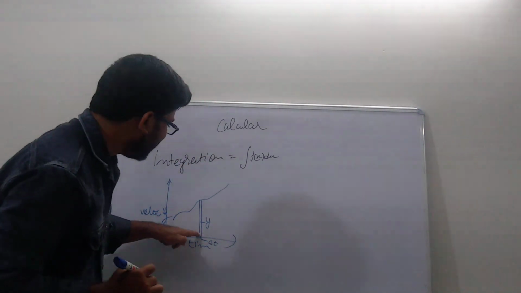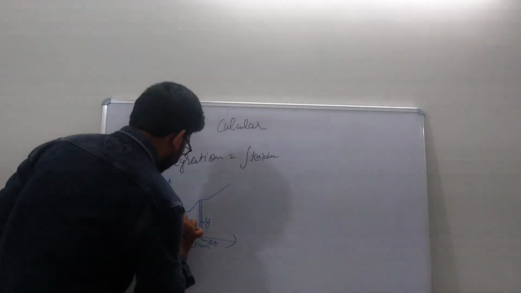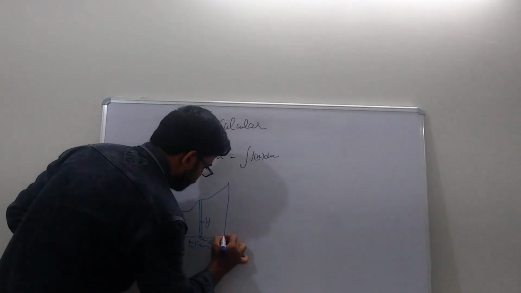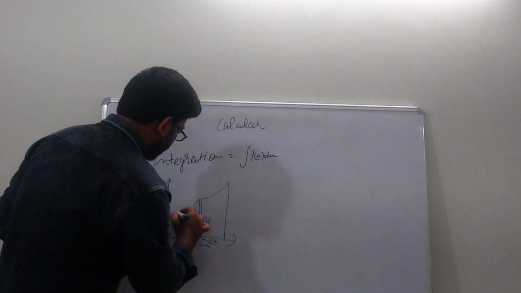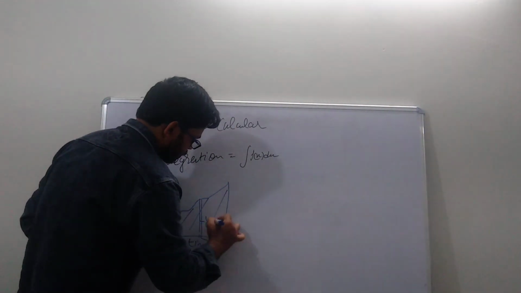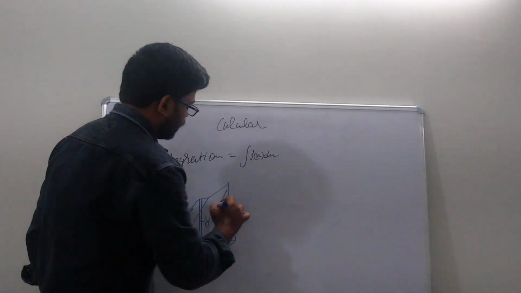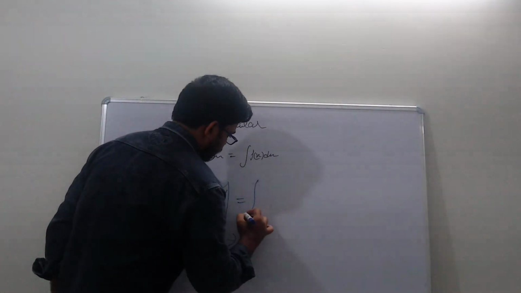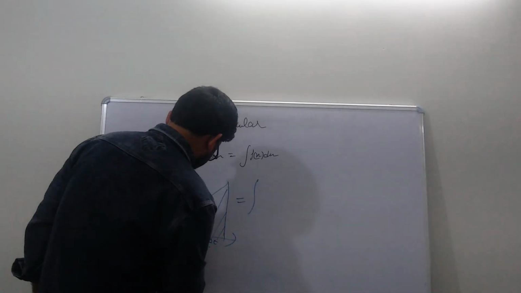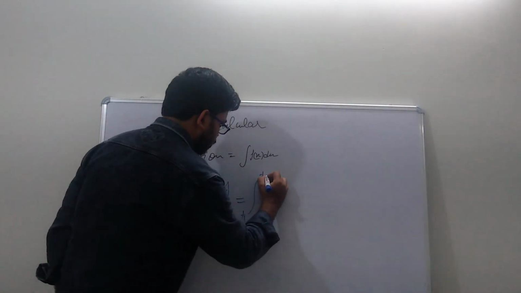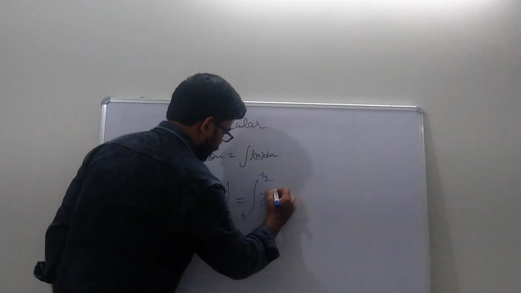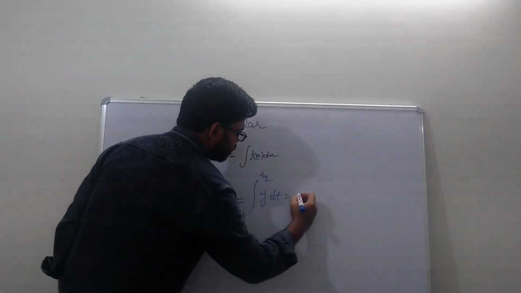We try to add each part within the limits, and when we add them up we get the area of this whole region. Let's say from t1 to t2, the integral of y dt gives the displacement.